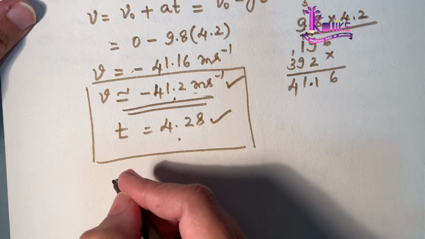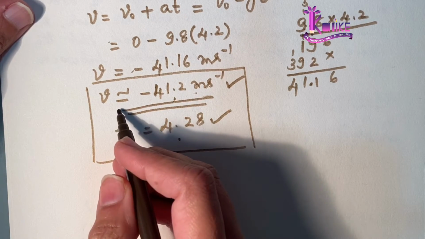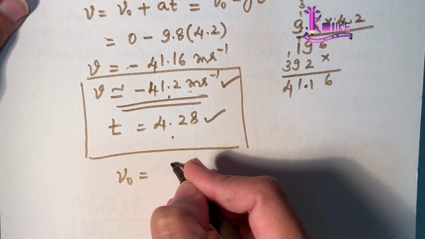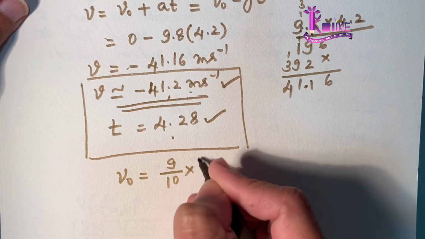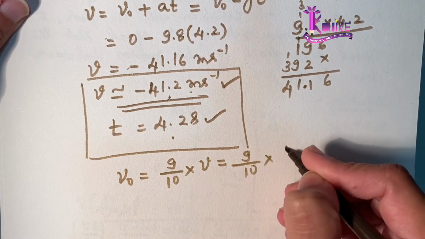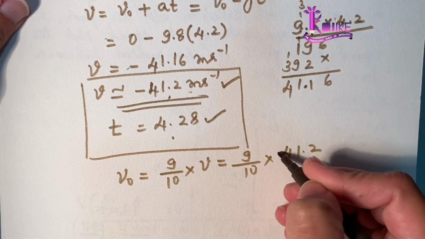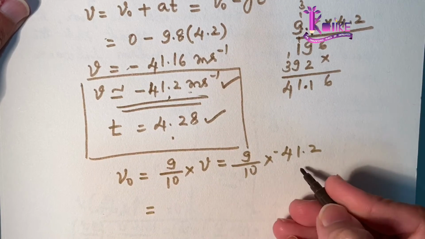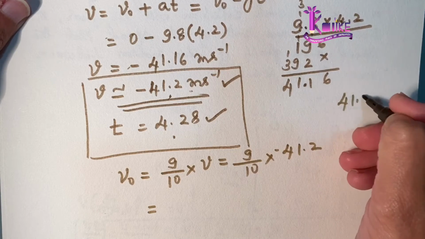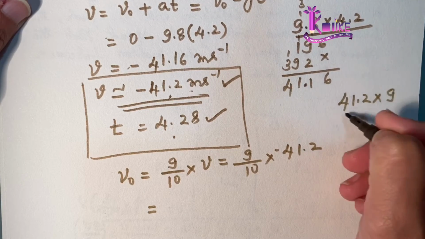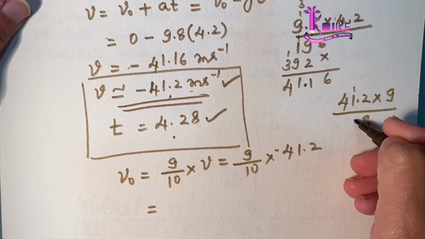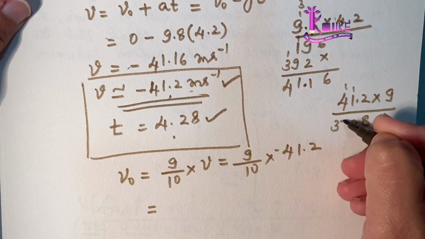Now we also know that the ball upon hitting the ground loses 1/10 of its speed. So therefore the initial velocity of the ball is then given by 9/10 of the velocity of the ball, that is 41.2. You can retain the minus sign. So if I multiply this, 41.2 into 9, 9 2s are 18, 9 1s are 9, plus 1 is 10, 9 4s are 36 and 1 is 37.